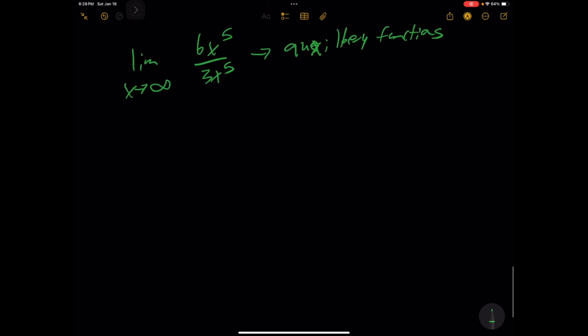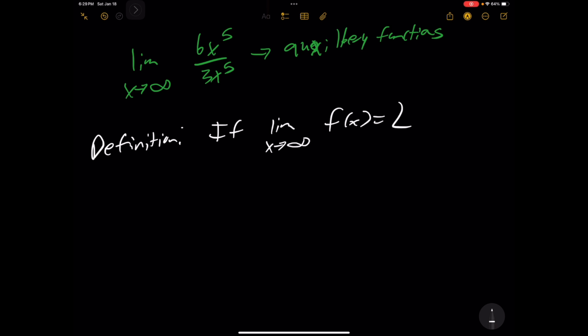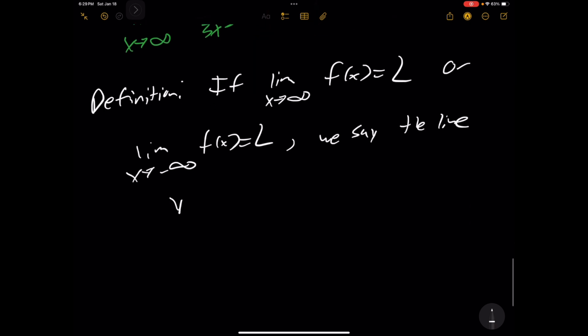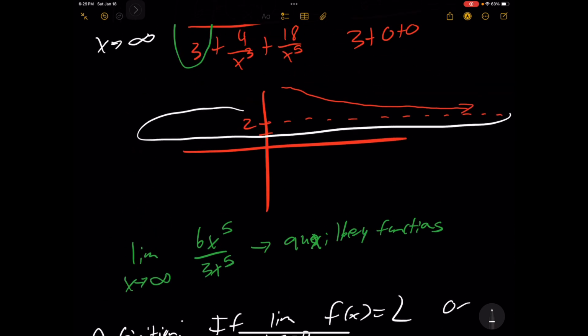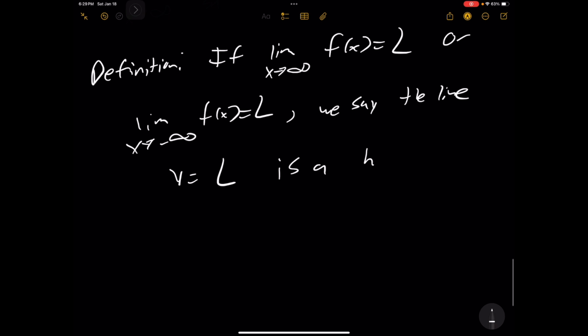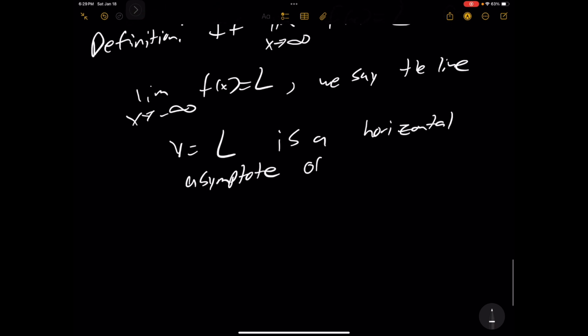So I'm going to put down a formal definition here, which is just, if the limit as x approaches infinity of f of x equals some value L, where L is not infinity or negative infinity, L is a finite number, or the limit as x approaches negative infinity of f of x is that L, we say the line y equals L, which we see here, we got 2, and so we have this line y equals 2, is a horizontal asymptote of the graph f of x.